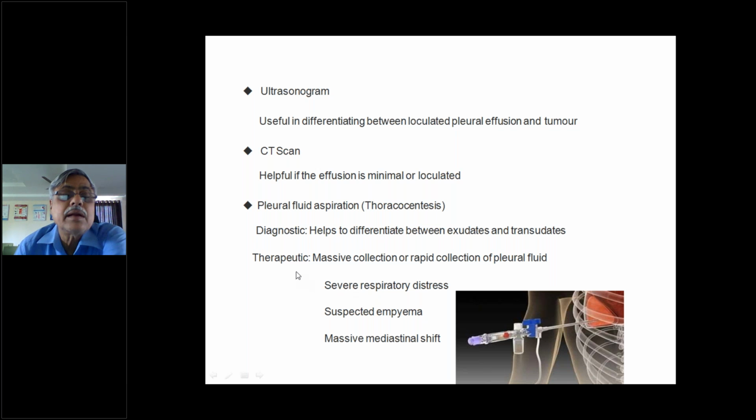It is also done for therapeutic purposes, when there is massive collection, severe respiratory distress, suspected empyema. Diagnosis also you have to do, but at least you must draw 50 ml of fluid.